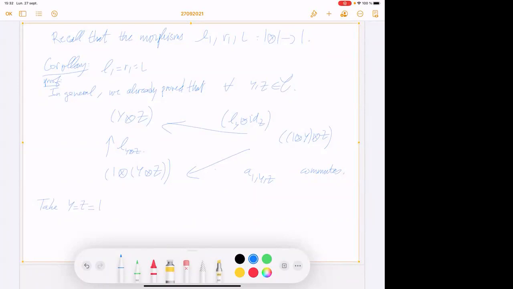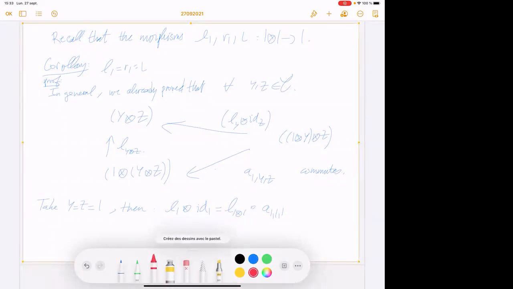And what you get, by the commutation, putting 1 everywhere: L1 tensor identity of 1 equals L1 tensor 1 composed with A_{1,1,1}.